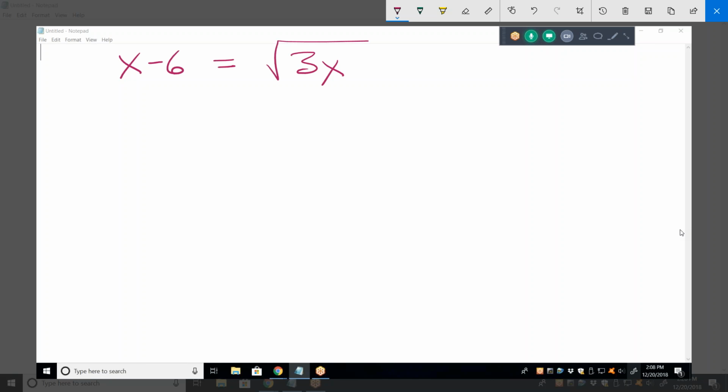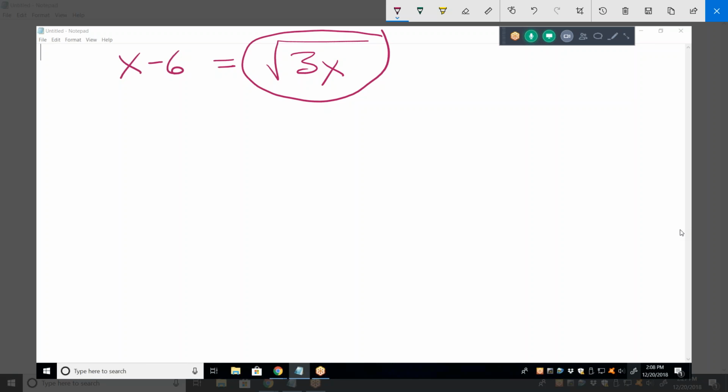First step. There's two possible first steps. What's one of them? That's the better one. In other words, when you have a radical sign in the equation like that, your goal is to get it isolated.